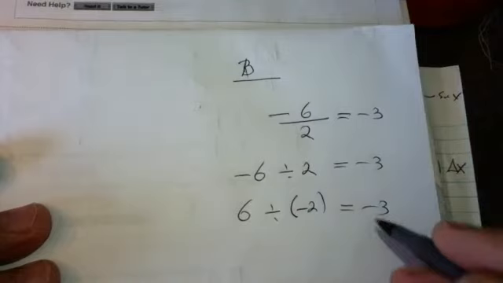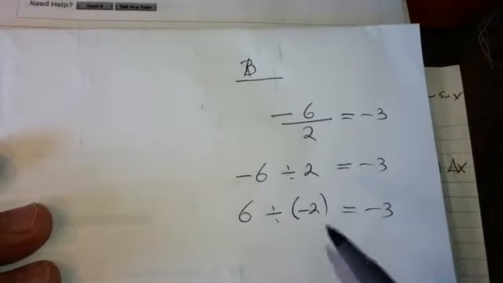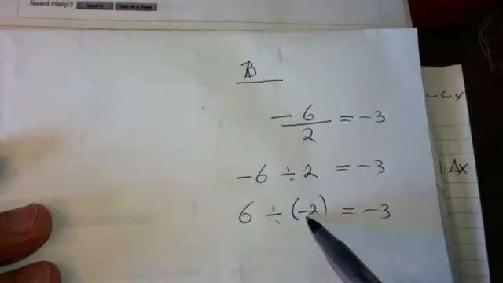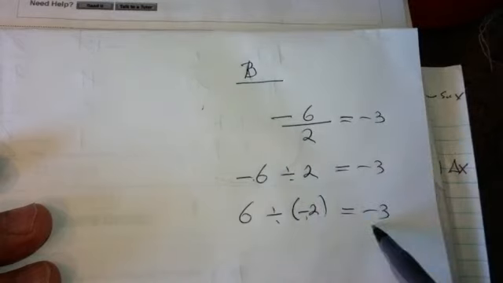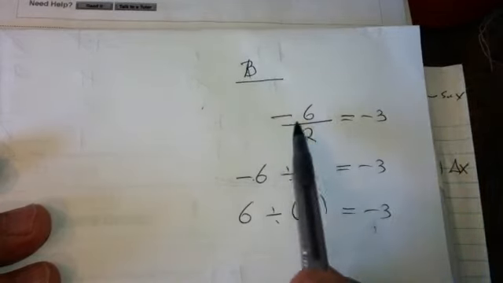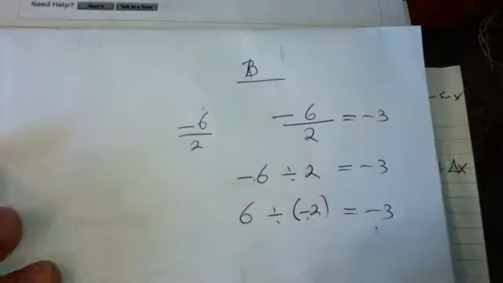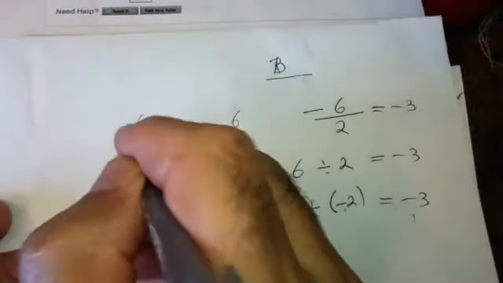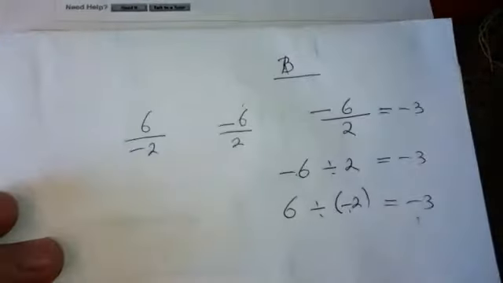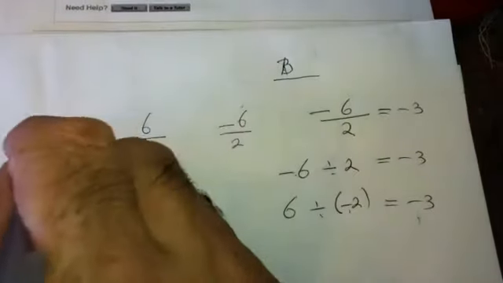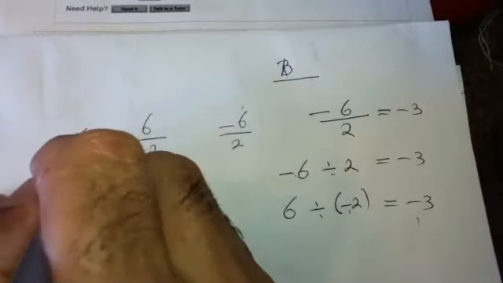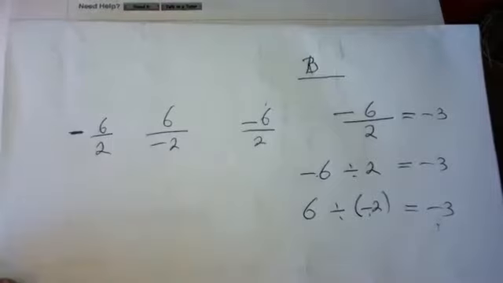Minus 3. So it doesn't matter whether the negative is here or there. You could always bring it to the front, right? See, minus 6 over 2, you could write it as negative 6 over 2. You could write it as 6 over negative 2. Or you could just put a negative before the fraction. See, they all are the same thing. See that?